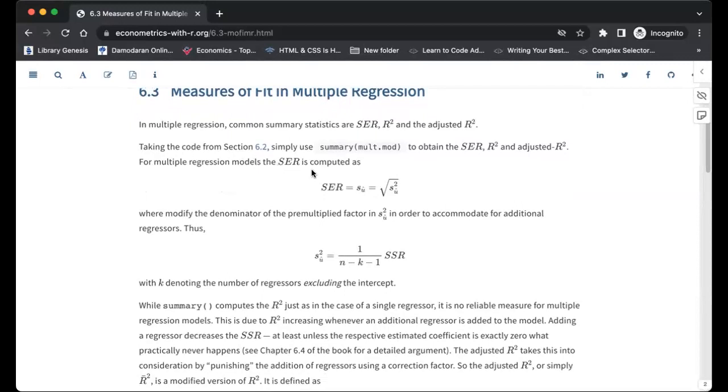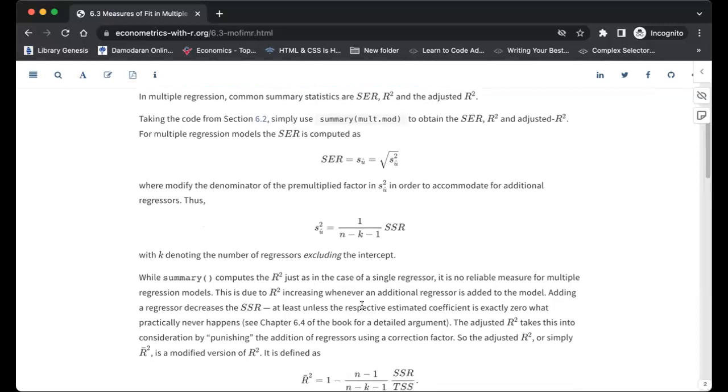So from the multiple regression model, we see that the standard error of the regression is computed as the square root of S squared of u hat, where we modify the denominator of the pre-multiplied factor in S of u hat in order to accommodate the additional regressors. S squared of u hat is 1 over n minus k minus 1 times the sum of squared residuals, where k is the number of regressors that we included in the model.